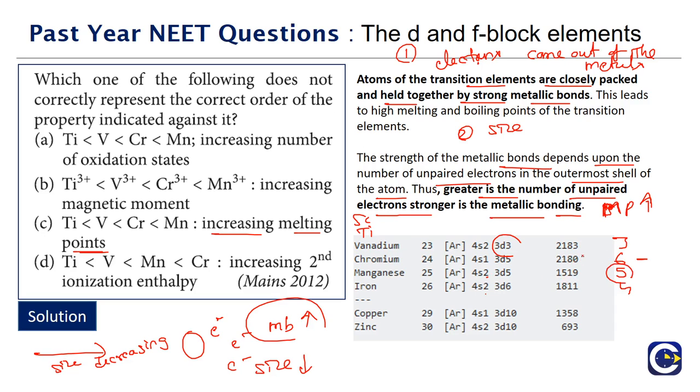So this is actually the melting point trend. Up to chromium the melting point will be increasing. We are not showing scandium and titanium values, but the melting point values will be increasing up to chromium, and at manganese it will be decreasing.